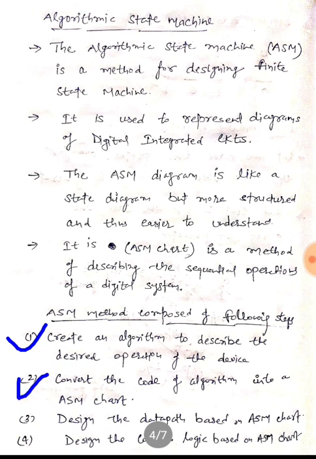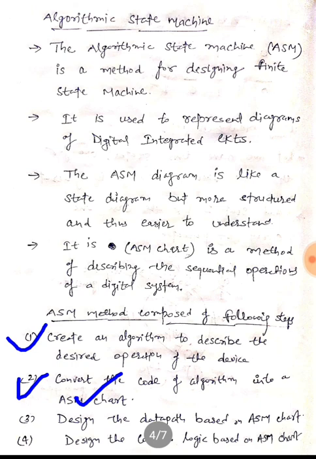Second, convert this code of the algorithm into an ASM chart. So in the second step, we will convert the algorithm which we have already created using a code into an ASM chart.